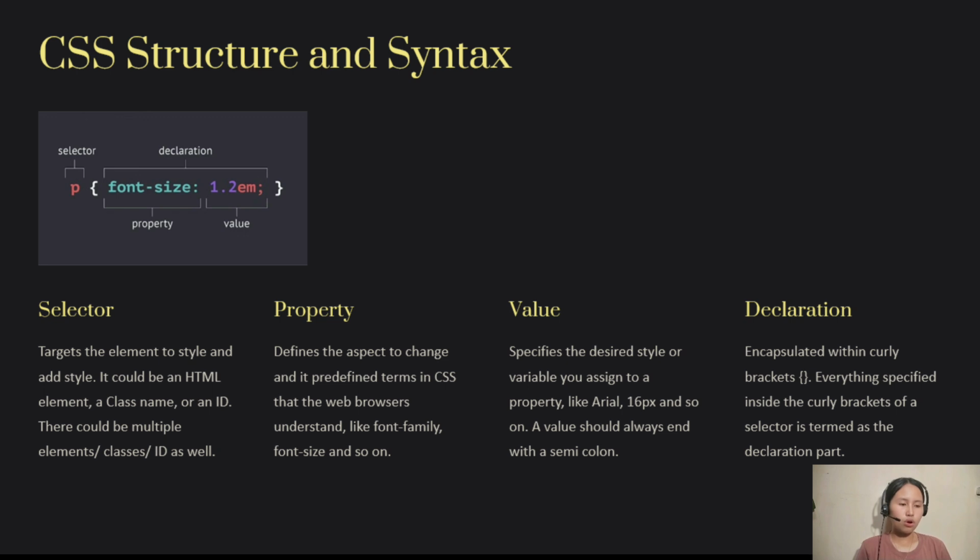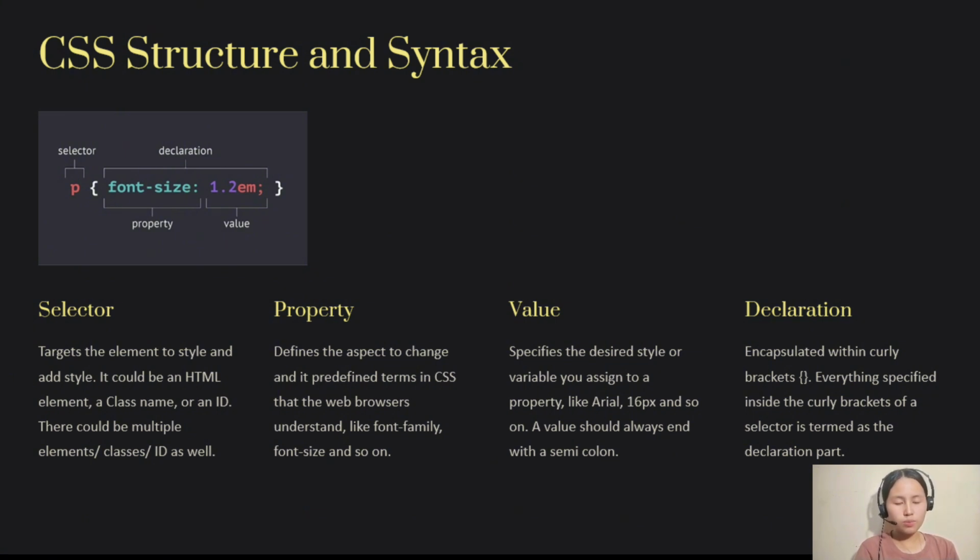A value should always end with a semicolon. Then the fourth one is declaration. It is encapsulated within curly brackets. Everything specified inside the curly brackets of a selector is termed as the declaration.